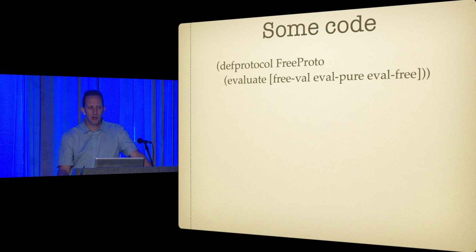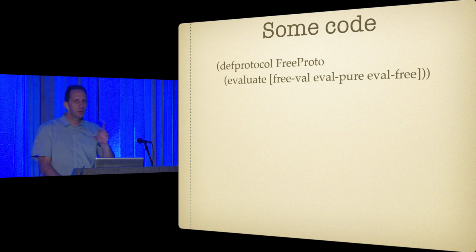Defining a protocol, this is just how Clojure defines an interface. And so the evaluate function that's in the free proto interface takes three parameters. It takes the free value itself, which is the data structure, the tree that you're going to be evaluating. And remember, we had two kinds of nodes in our tree.